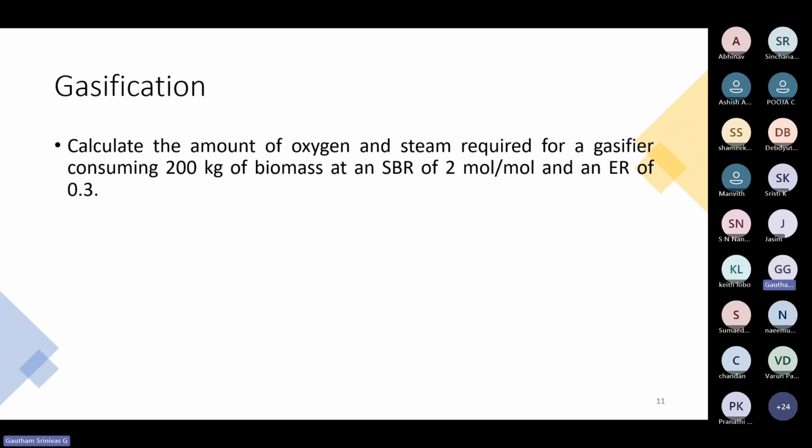So what you do is first convert this into mass basis. Can you tell me what the answer is? This is the first step. Convert this into mass basis.